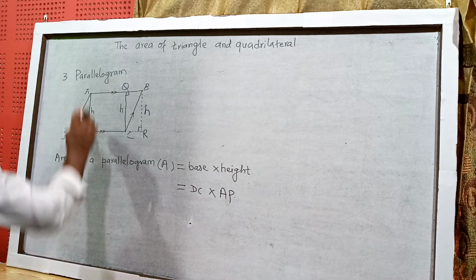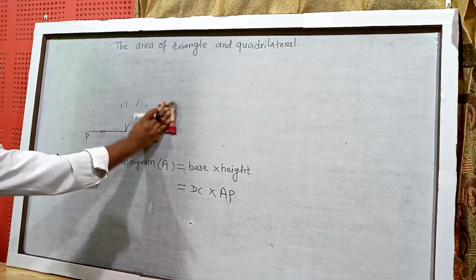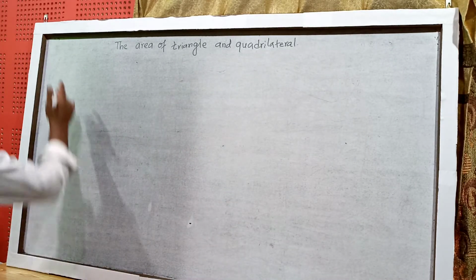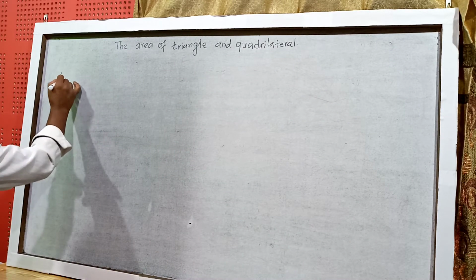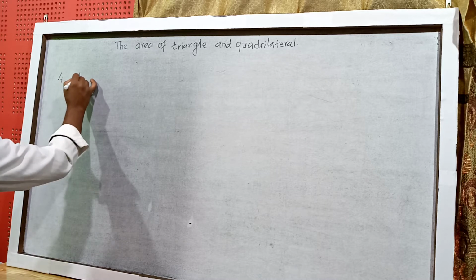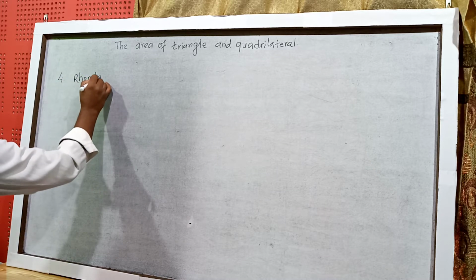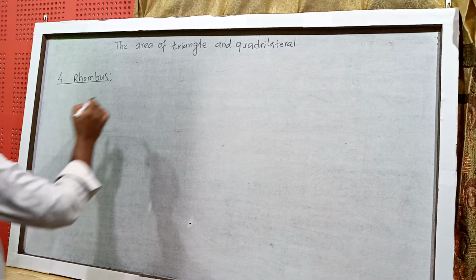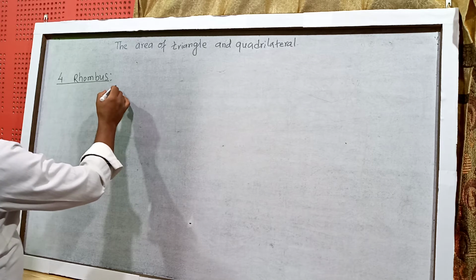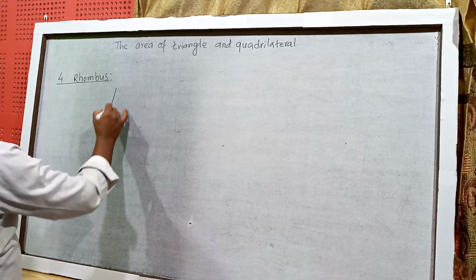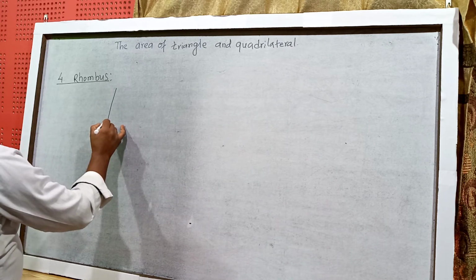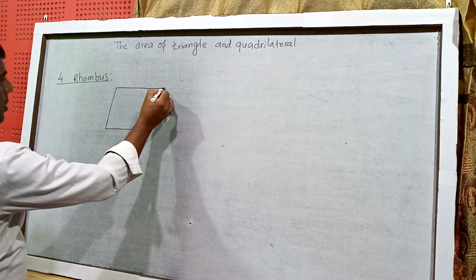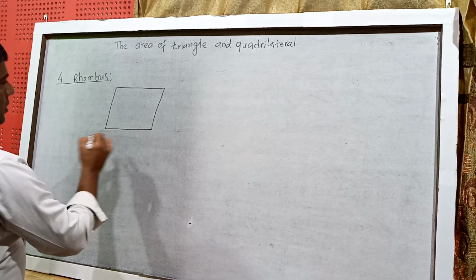Now next, number 4, rhombus. Rhombus is also a parallelogram in which all sides are equal. It is a parallelogram and all its sides are equal.